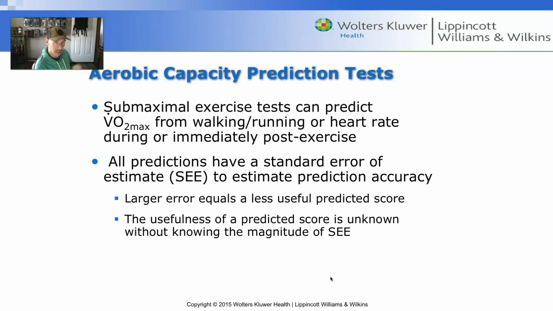So we have an alternative, and these are what are known as submaximal or aerobic capacity prediction tests. Now you might remember we talked about the fact that when we predict things, we're going to introduce error, which is not great. However, in some cases, we might need to use these types of tests because true maximal testing is not always practical, right?